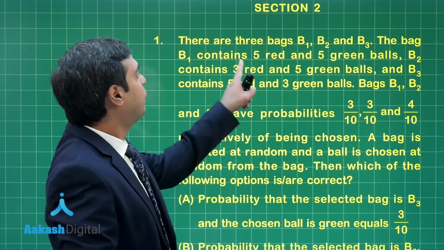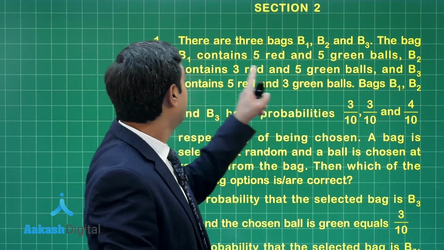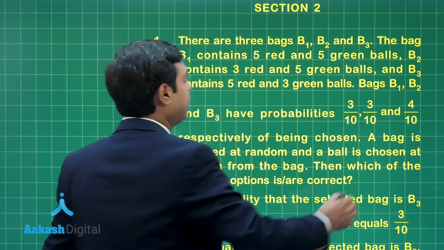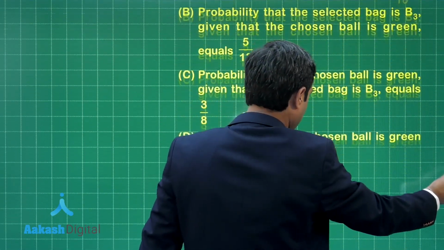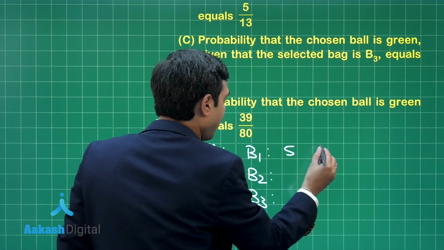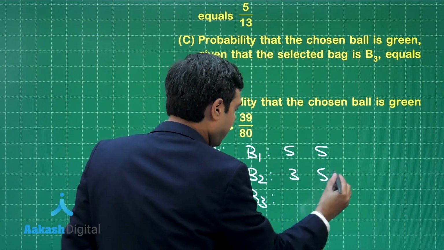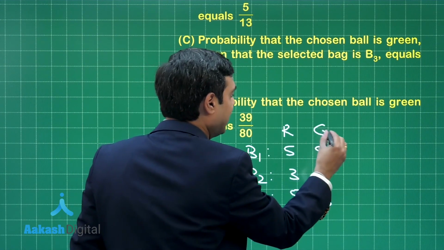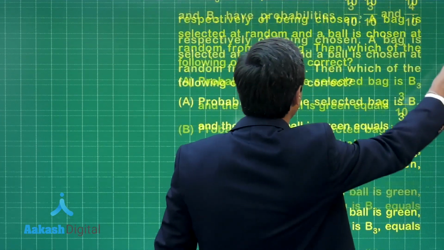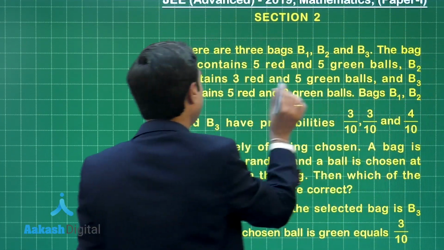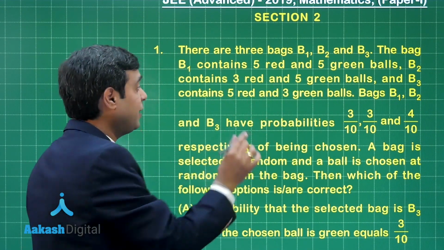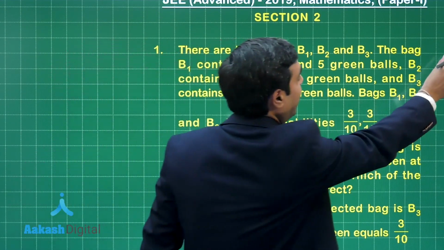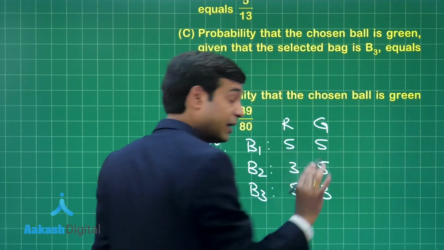B1 has 5 and 5, red and green, B2 3, 5 and B3 5, 3. So let's write down 5, 5, 3, 5, 5, 3. This is about red and green balls. Let's recheck. We have bag B2 3, 5, red and green, while B3 has 5 and 3. So this is clear, right?